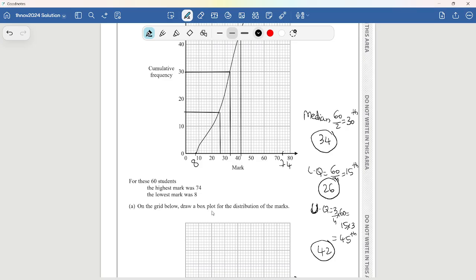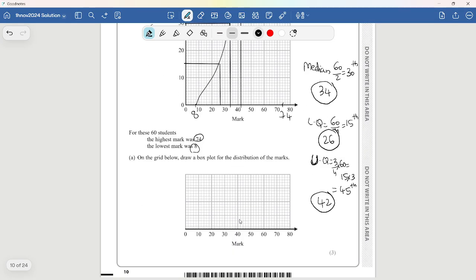So with all this information now, I will draw the box and whiskers plot. Starting with the median, which is at 34, I will use the straight lines again. So at 34, 32, 34 is here. So if I draw, make it proper.